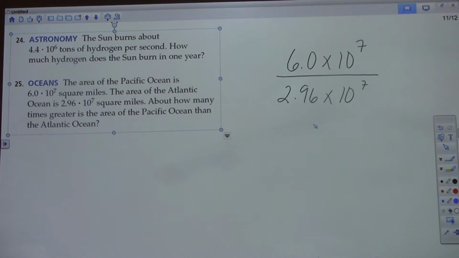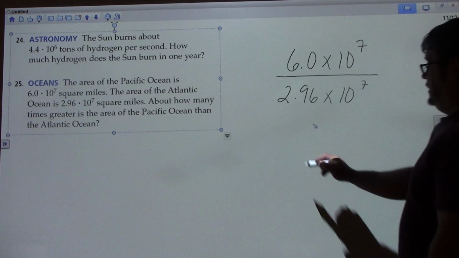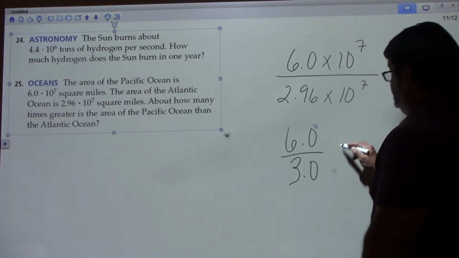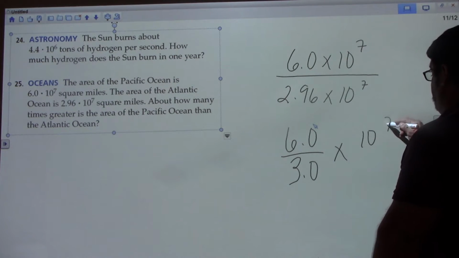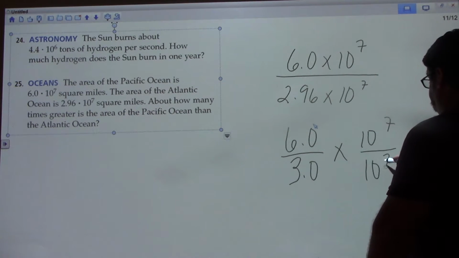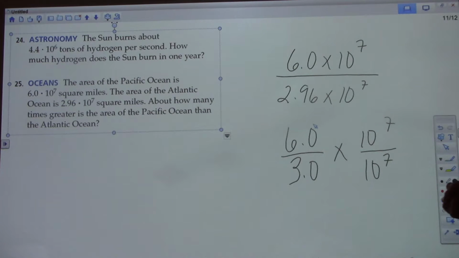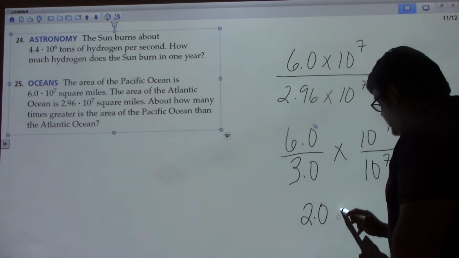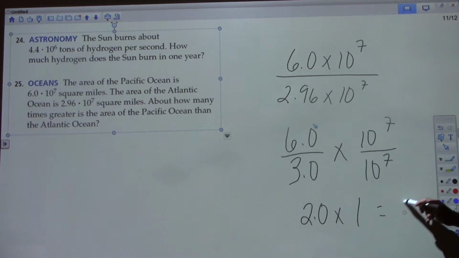How did you get that? You didn't even use a calculator. 6.0 divided by 3. What's 7 minus 7? 0. 10 to the 0 is 1. So 2.0 times 1 is 2. 2 times as big.